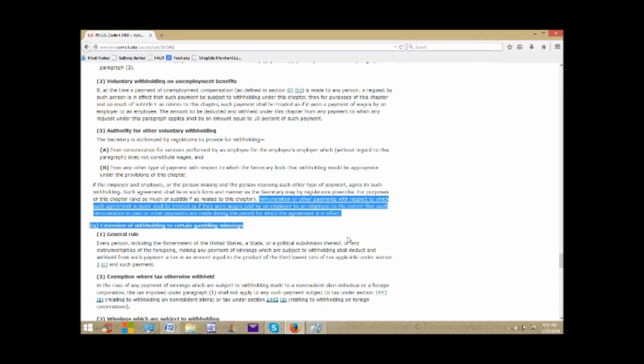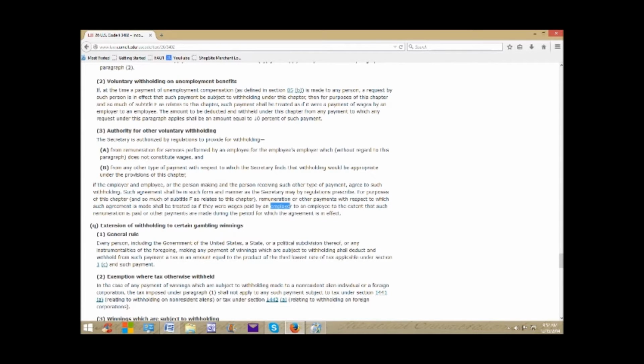Other payments with respect to which such agreement is made shall be treated as if, like I said in my last video, they get you in the W-4 and so they can treat you as if you were being paid wages. As if they were wages paid by an employee to an employer, both defined as federal pay, federal payer, federal payee.